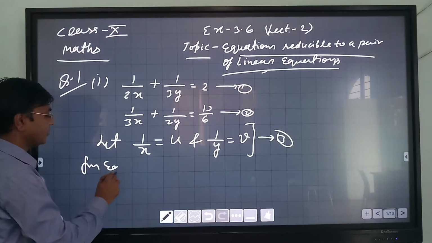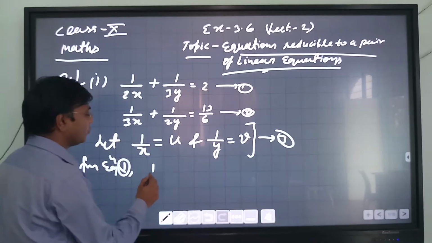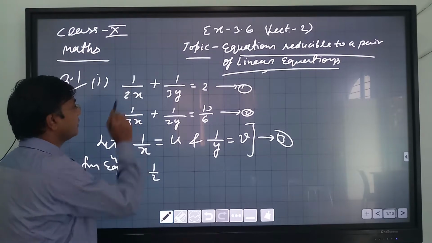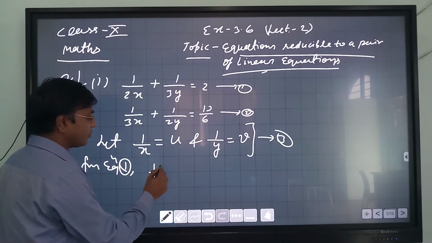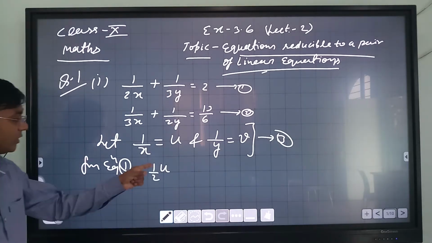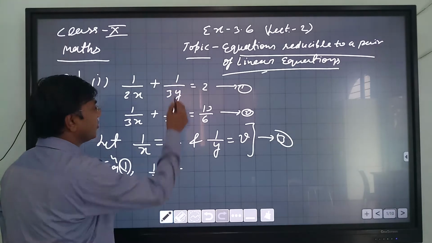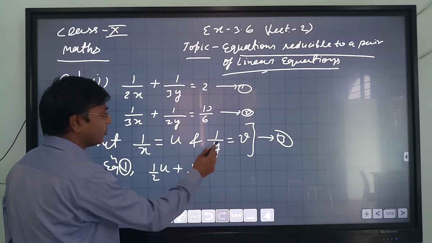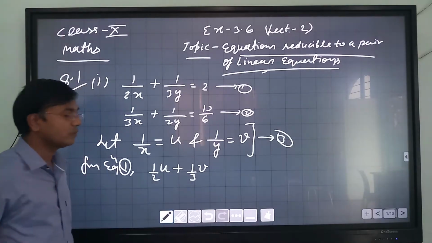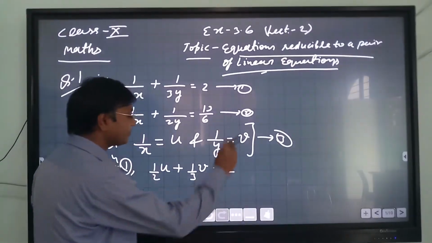From equation first we have 1 by 2 as it is, because this is the constant, and 1 by x is also there, so we will write 1 by 2 u, with u written in the numerator, make sure, plus similarly 1 by 3 as it is, and 1 upon y we write as v, equals 2, right?